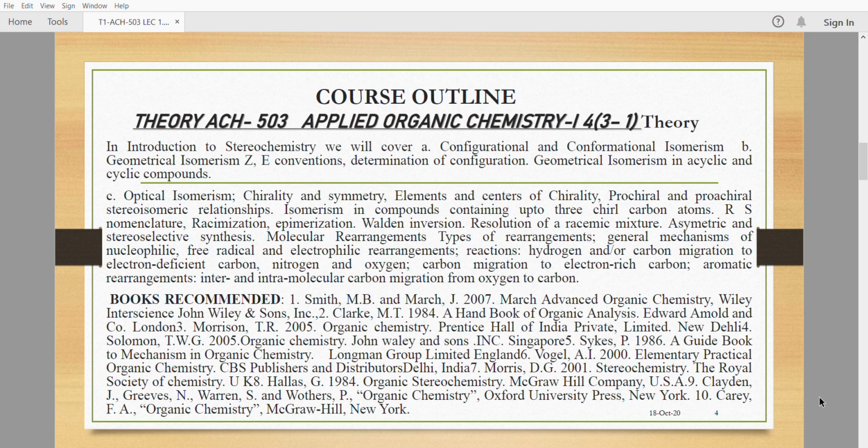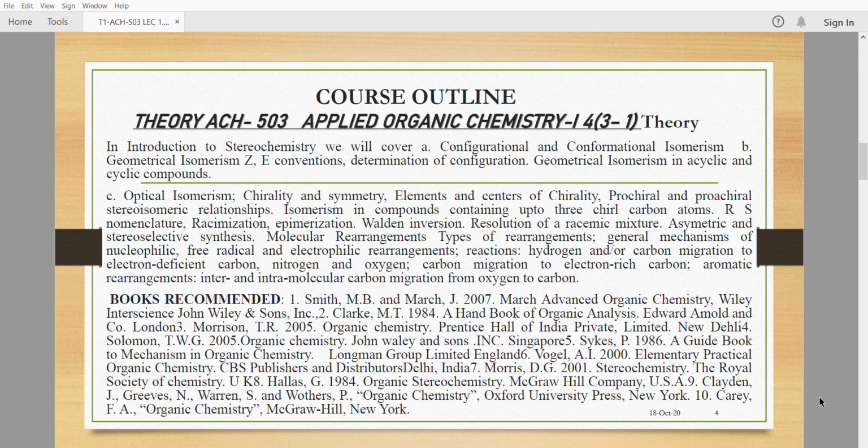First of all, I suggest Solomons, Volhardt, and Peter Sykes. I recommend them, but some students find them difficult. So Peter Sykes is also a very good book. It is very short, and you can keep it in your purse or pocket. It is such a small book, easy to handle, portable.